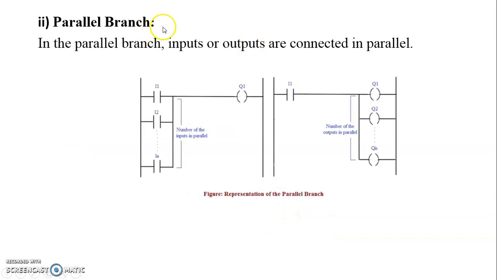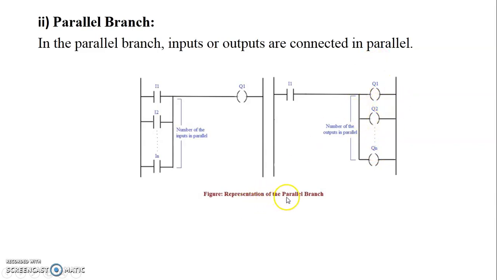Similarly, the second one is the parallel branch. In a parallel branch, we will be connecting inputs or outputs in parallel. In the first figure, inputs are connected in parallel, and in the second figure, outputs are connected in parallel. Here Q1 is the output, I1 and so on up to IN are the inputs, and here only one input is taken, that is I1, and Q1, Q2 up to Qn are our outputs.